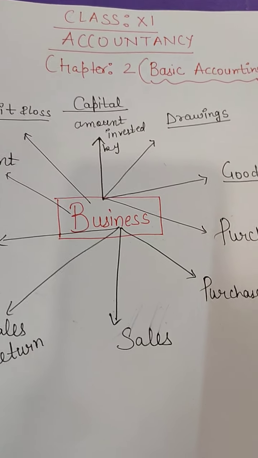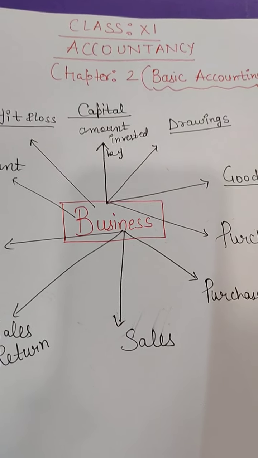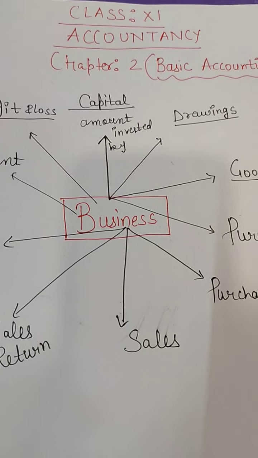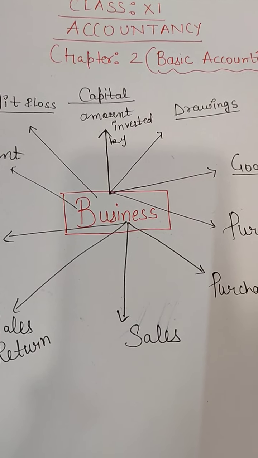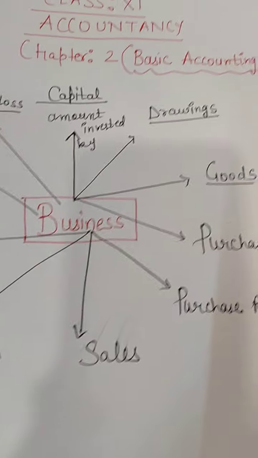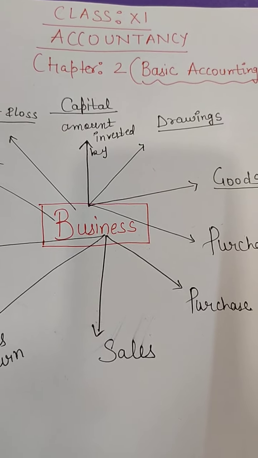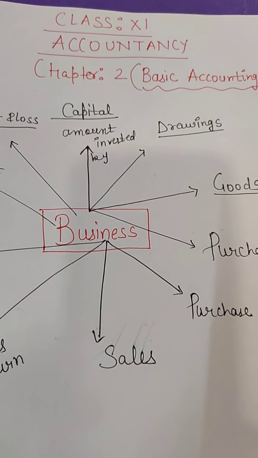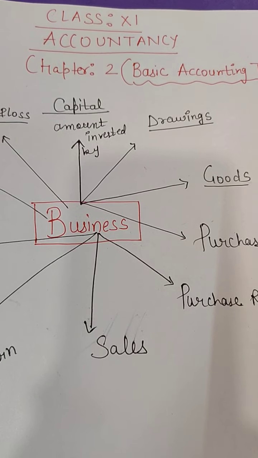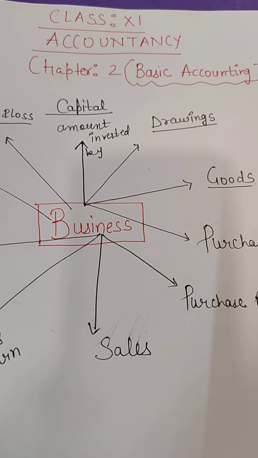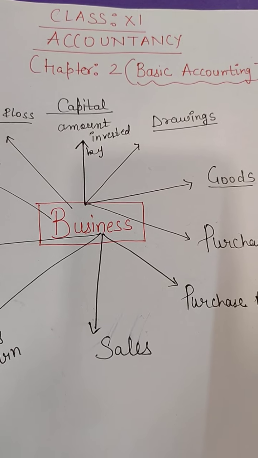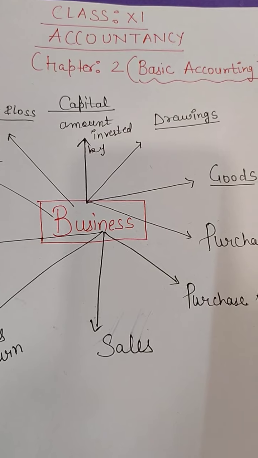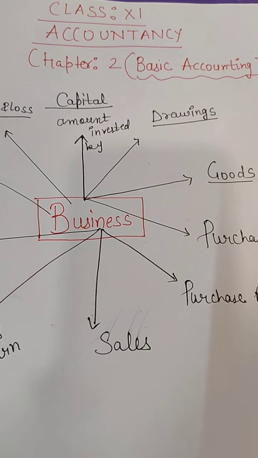It doesn't mean that if there are two persons starting the business and one person is giving money, the other person will also give money. Suppose my friend and I are both starting a business, so I have given some money, and my friend has given land, space, or a building to start the business, and he has given furniture.